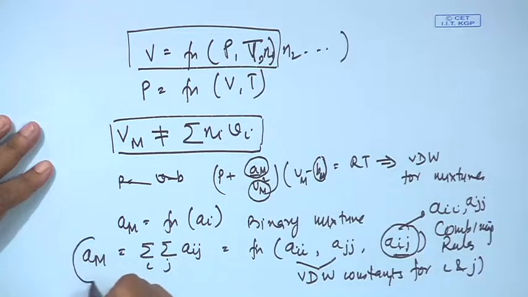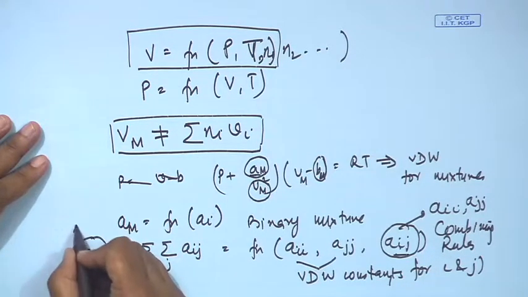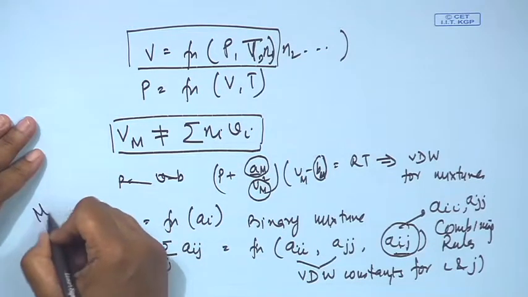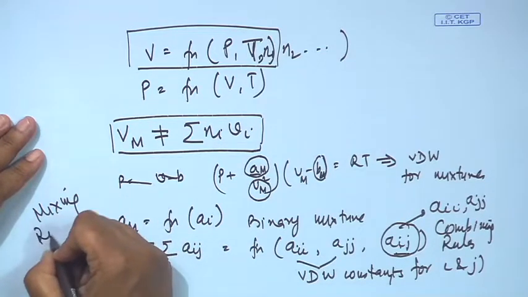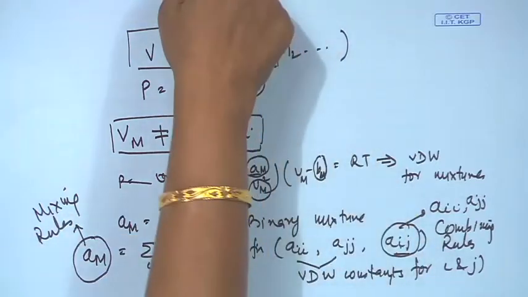And the rules which predict the mixture constants in terms of pure component constants are known as the mixing rules. So, I repeat once more: the mixing rules are the equations which express mixture constants in terms of pure component constants, and combining rules are the equations which provide the interaction terms, when different components are present, in terms of the pure component constants.